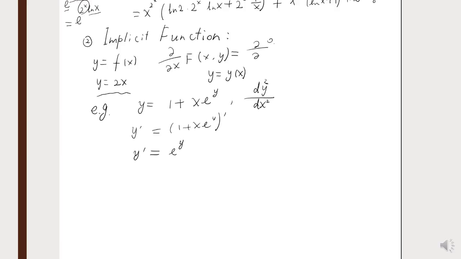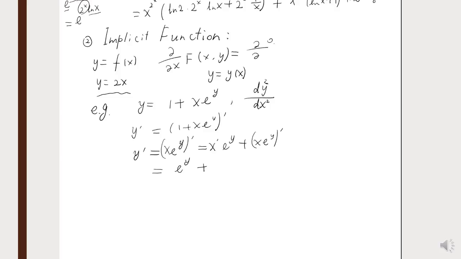So for this guy, we just have to take it as the multiplication's derivative, and let's do it. Okay, and we can further write it down as, because x's derivative would be 1, so we only have e to the power of y left.